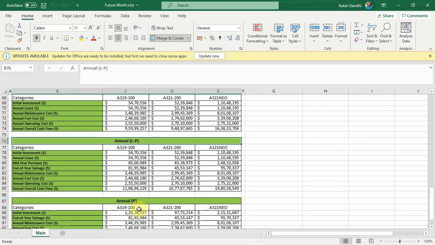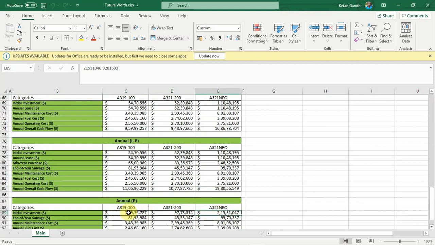Here the difference is only that the aircraft purchase is done at the beginning of the study period of 30 years. So that is the only difference between present worth and future worth.